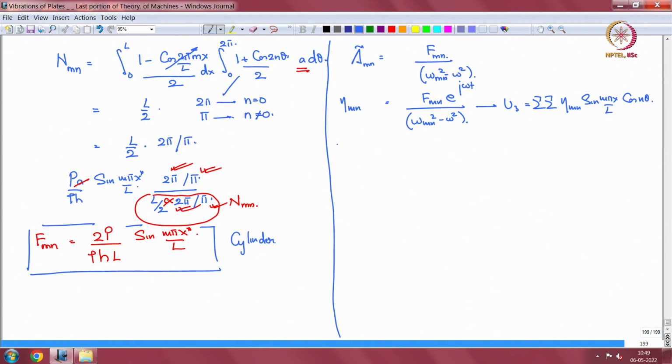So u3 of x, theta, t is given by 2P by rho h L sine m pi x star by L, that is my Fmn, into omega mn square minus omega square, into e to the power j omega t, into sine m pi x by L cos n theta, double sum over m from 1, n from 0.